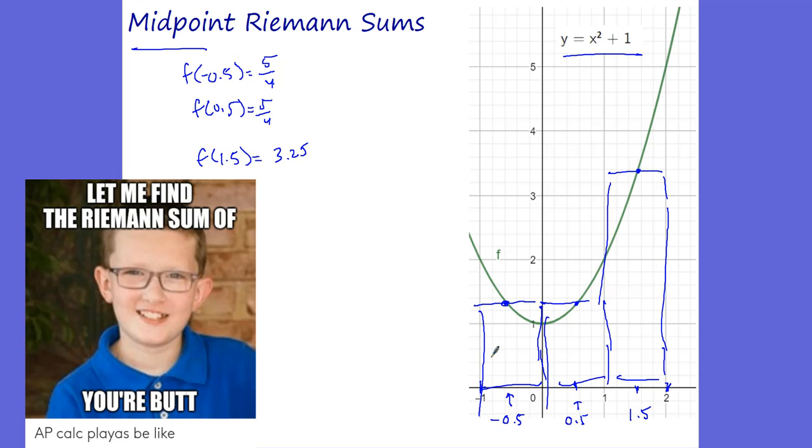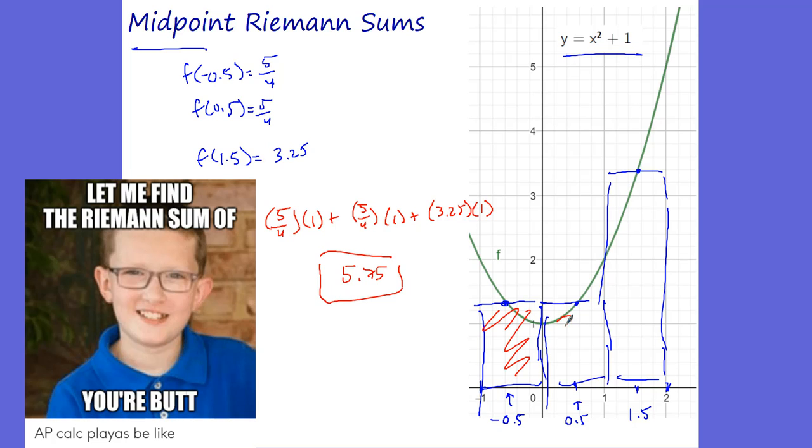Now let's think of the area here. We're starting at 5/4, or 1.25, times a width of 1, plus 5/4, that's the height of the next one, times 1, plus 3.25 times a width of 1. And so I add up all of these: 5/4 plus 5/4 plus 3.25, and I end up getting an area of 5.75, and that is the area under all of these midpoint Riemann sums.